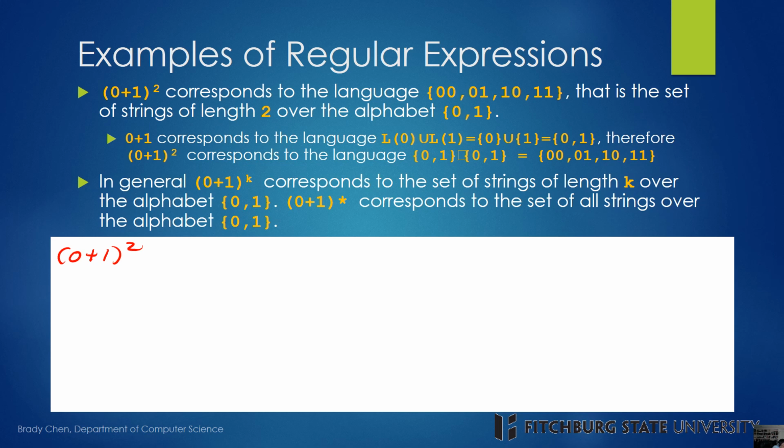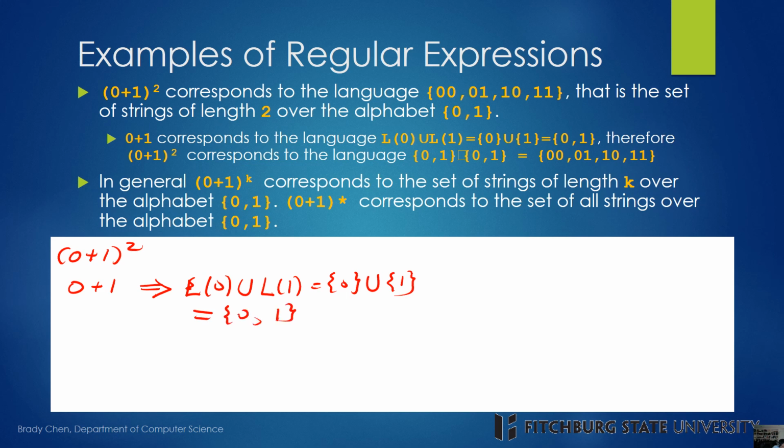To figure out the corresponding language, we know that 0 plus 1 is the regular expression corresponding to the language L(0) union L(1), that's 0 union 1, or it's a 0 and a 1.